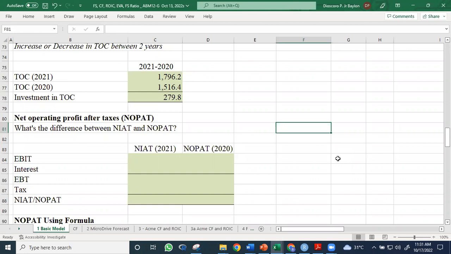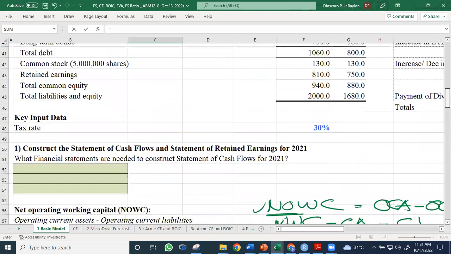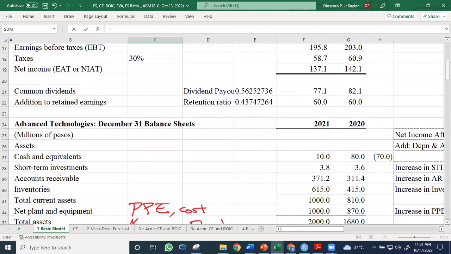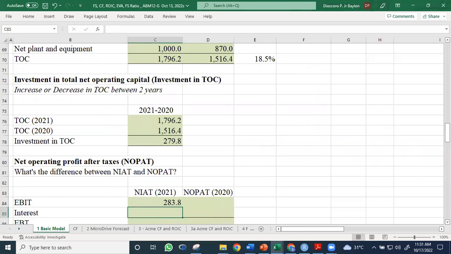We'll start with earnings before interest and taxes, right before the interest is deducted and then the tax. Our EBIT, we know from the income statement, is 283.8.